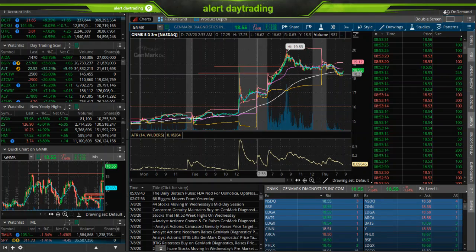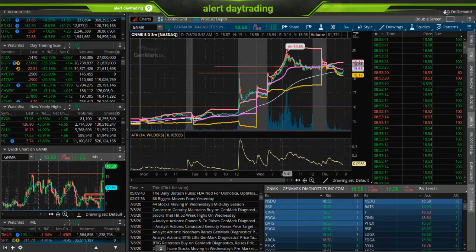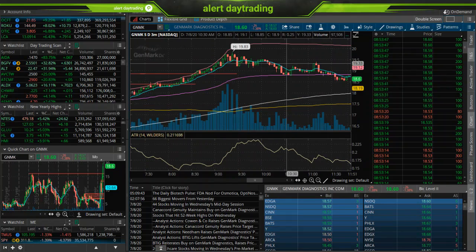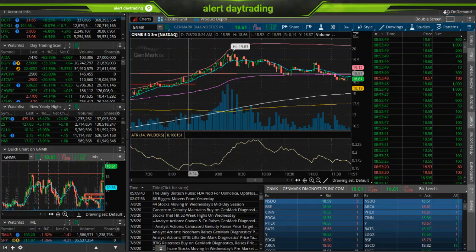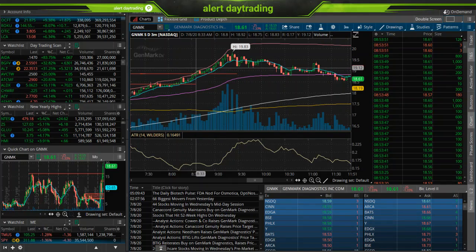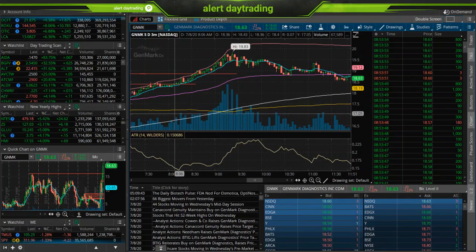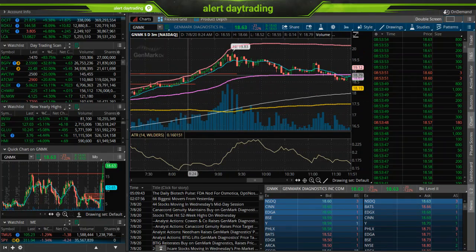This is Tuesday, but then on Wednesday you can see that the price was pushing up higher and it broke above that all-time high. And so I took that trade and it worked out really well. And so I eventually started to use a trailing stop loss, and that's pretty much what I'm going to talk about here.